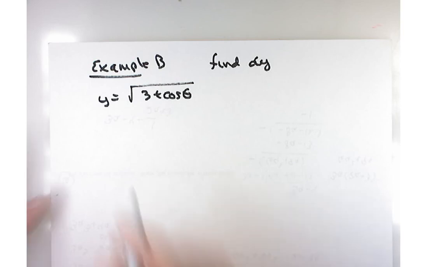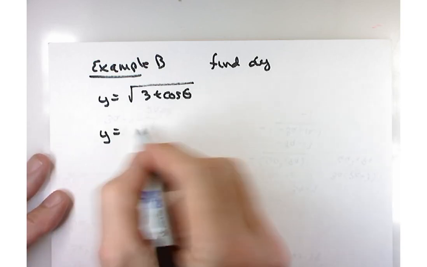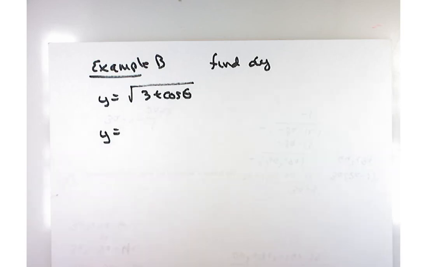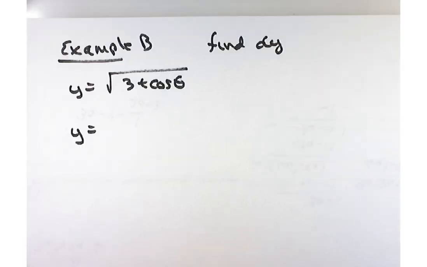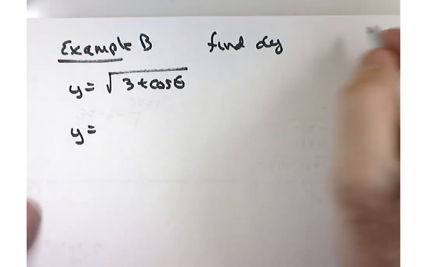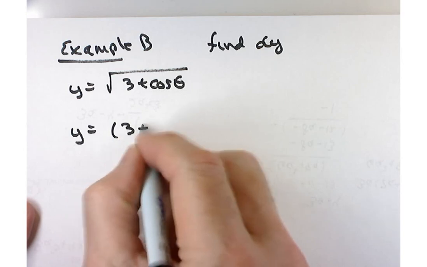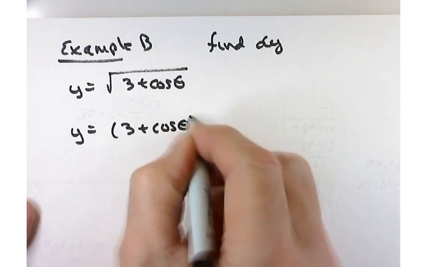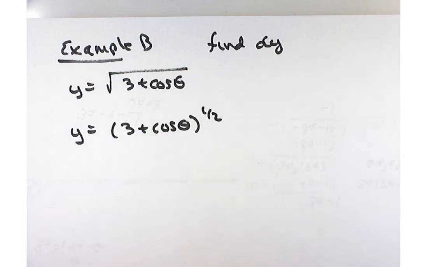Probably something you're going to need to do before you really get busy on this problem, I should say. What is it? Yeah, you're going to have to write this as something to the 1/2 power. William? For the question, it says find the differential of the function. On the test, will it say find dy or?